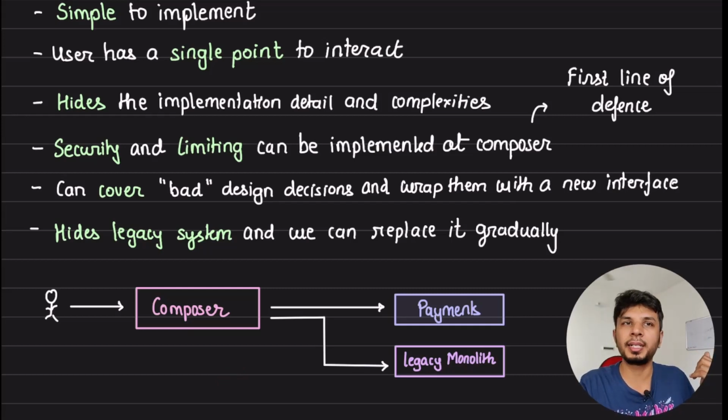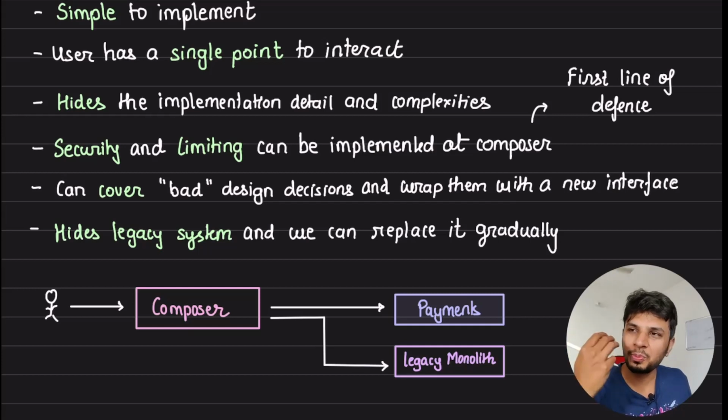for the internal teams. Next is it can cover bad design decisions and wrap them with a new interface. This is a classic case. Let's say you had a very tight deadline, and you just randomly sent any structured response without putting a lot of thought into how you are structuring the response from one of your microservices.